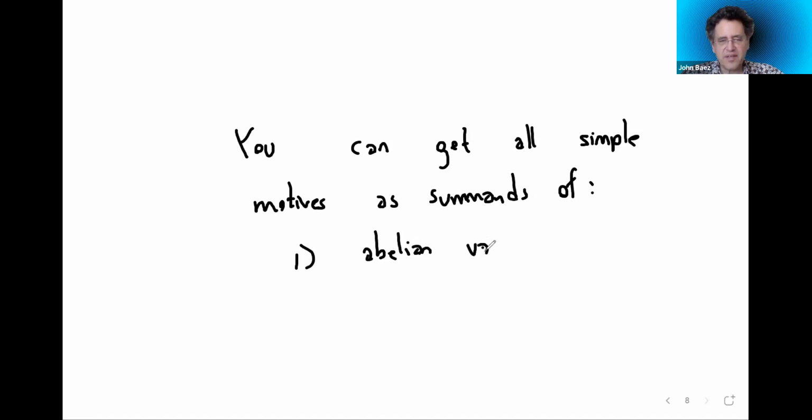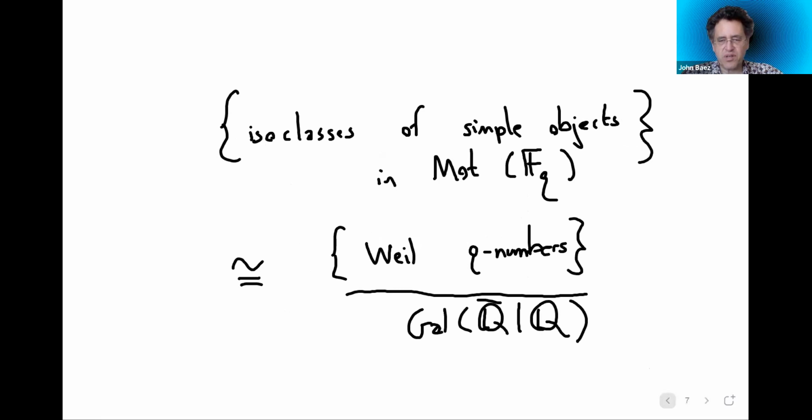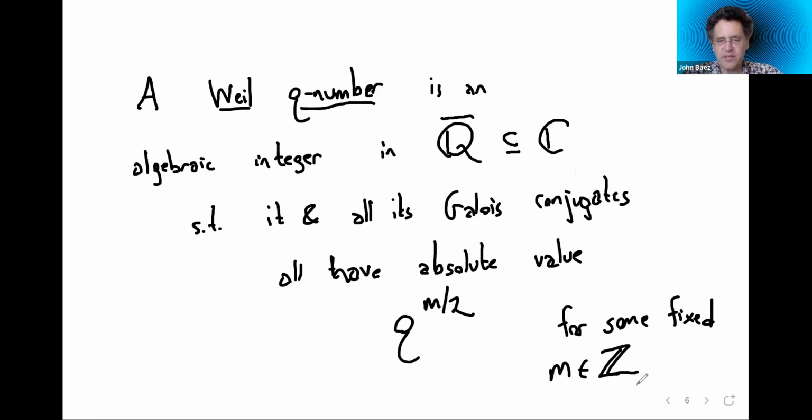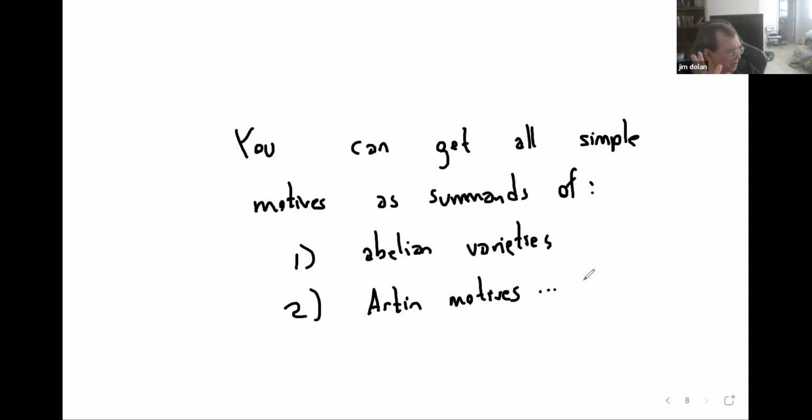I love it because it means there's some reason why I'm studying abelian varieties. And then two, there are these things called Artin motives. What's an Artin motive? I think it's like a zero dimensional motive. The motives have this dimension, which I was calling the weight before, which is this number m here.